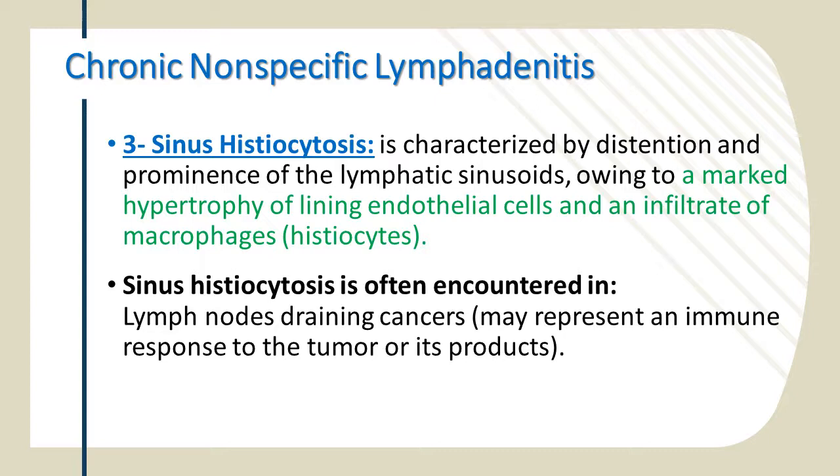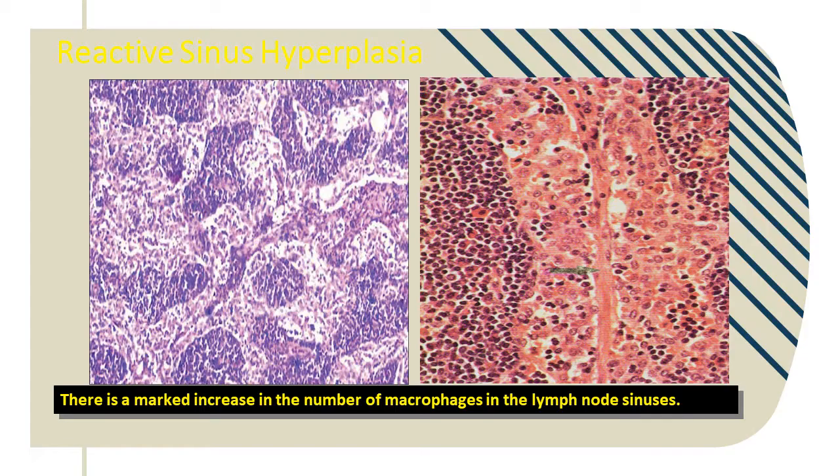Sinus histiocytosis is often encountered in lymph nodes draining cancer and may represent an immune response to the tumor or its products. Microscopically, in the pattern of sinus histiocytosis, there is a marked increase in the number of macrophages in the lymph node sinuses, as you can notice in this figure.